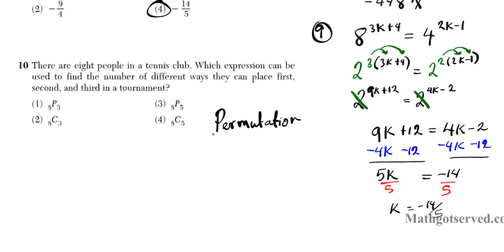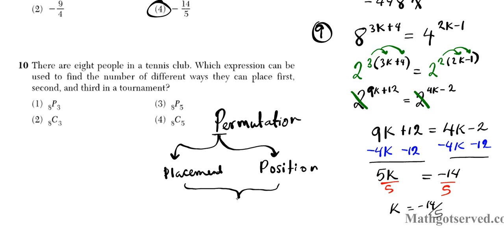It starts with a P, and you can think of this P as placement, or as position. What do all these indicate? This indicates some kind of ordering. So when you have permutation, order is important.